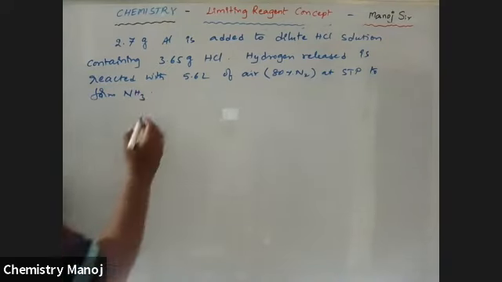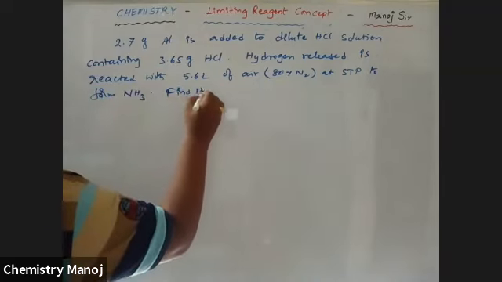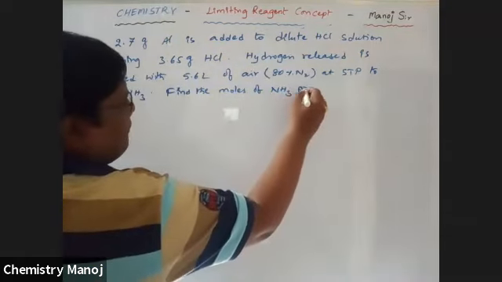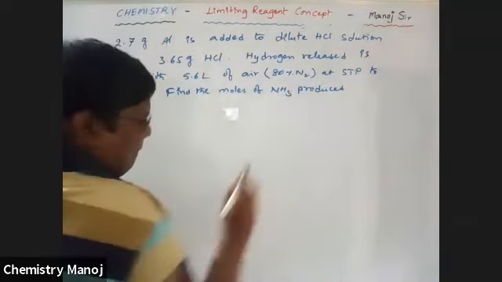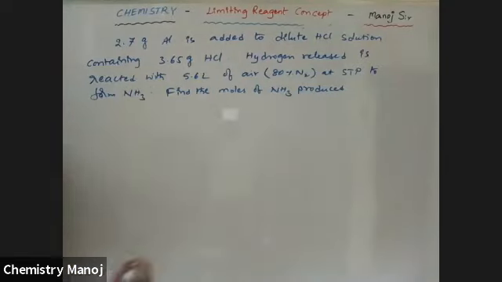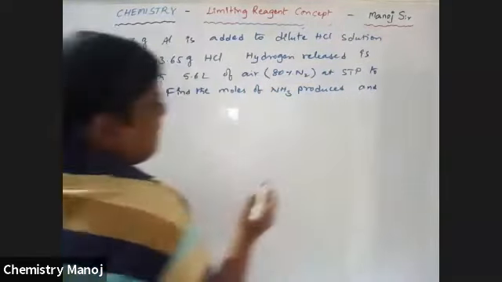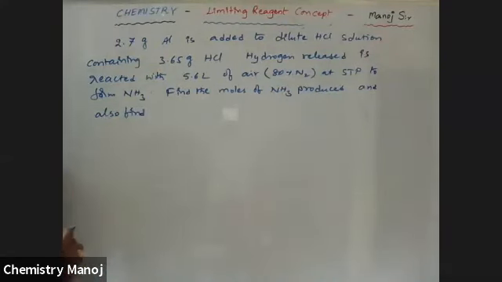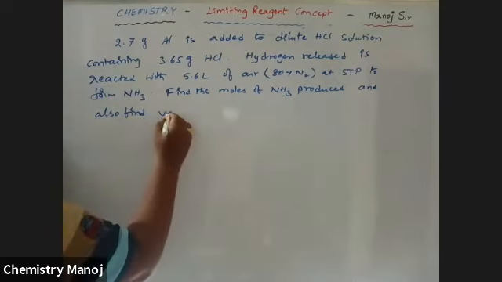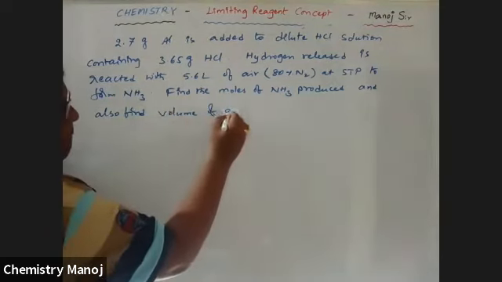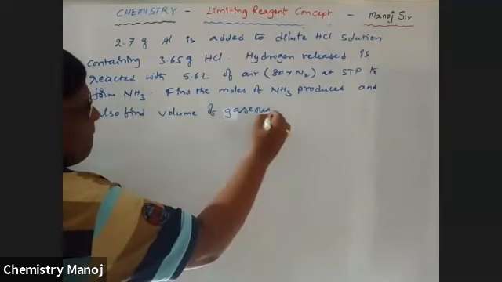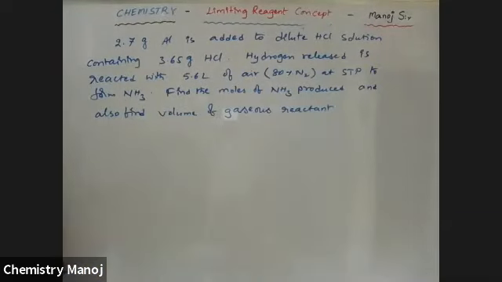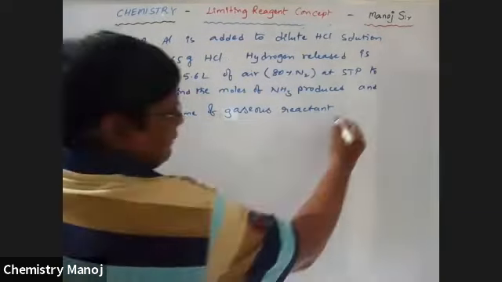Find the moles of ammonia produced, and also find the volume of gaseous reactant left in the second reaction.